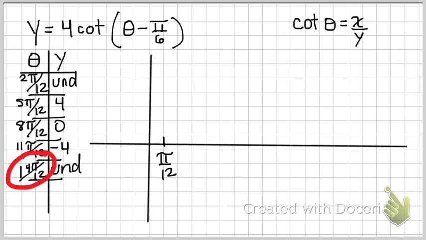So I would need 14 of these. 1, 2, 3, 4, 5, 6, 7, 8, 9, 10, 11, 12 there. So that's going to pull me somewhere out here. And I need to do two cycles. So that doesn't seem like the scale that I would want to use to be able to fit two cycles of this on here.